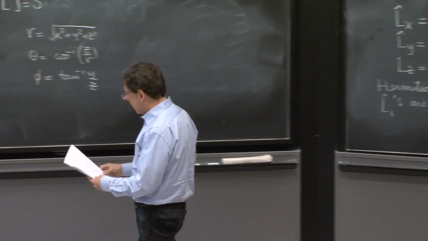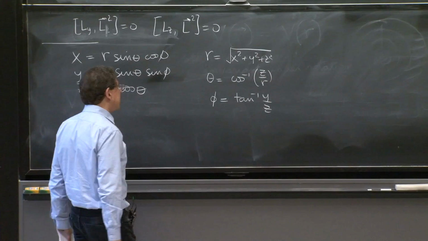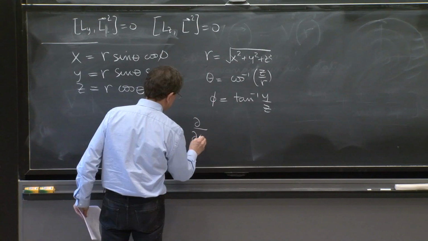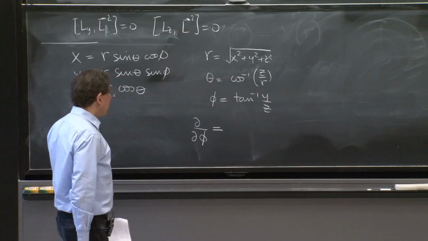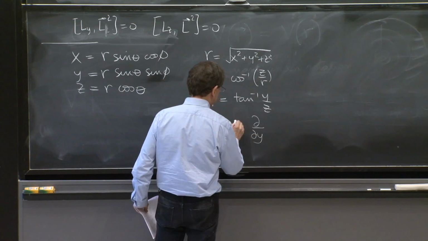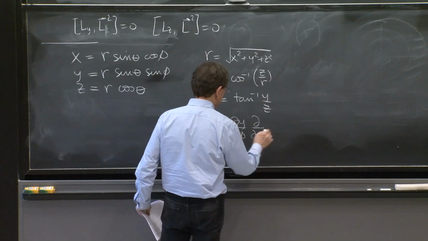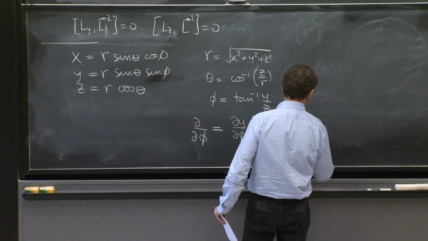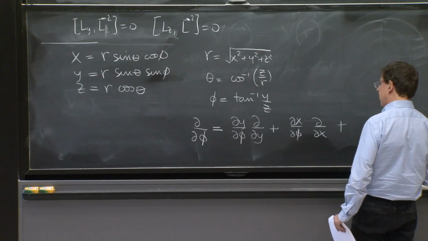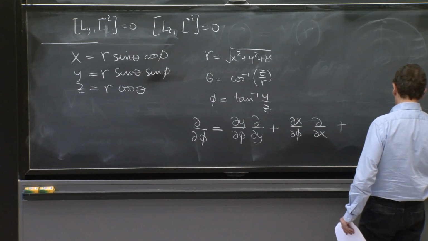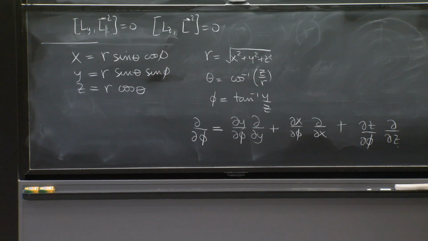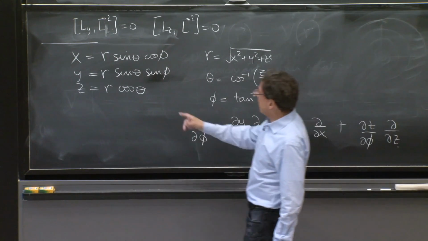So maybe we can have some luck and understand what is the ∂/∂φ operator. Well, the ∂/∂φ operator is ∂y/∂φ ∂/∂y plus ∂x/∂φ ∂/∂x, rules of chain rule for partial derivatives, plus ∂z/∂φ ∂/∂z. But z doesn't depend on phi.